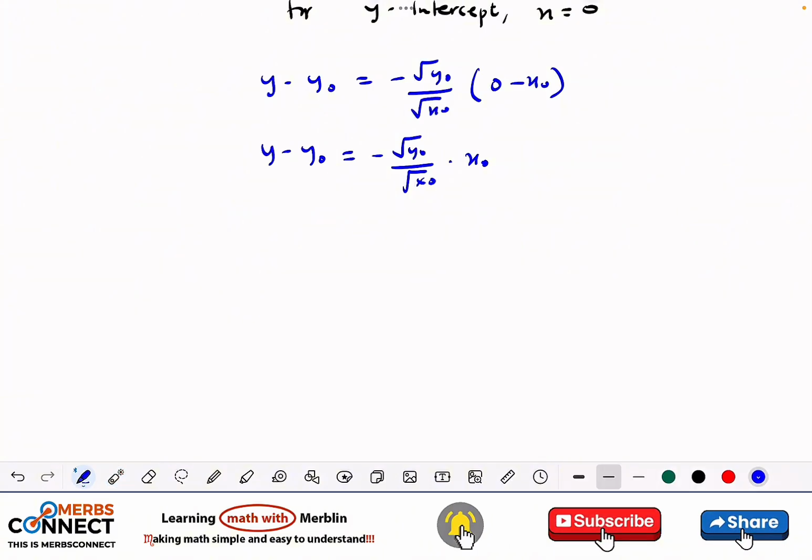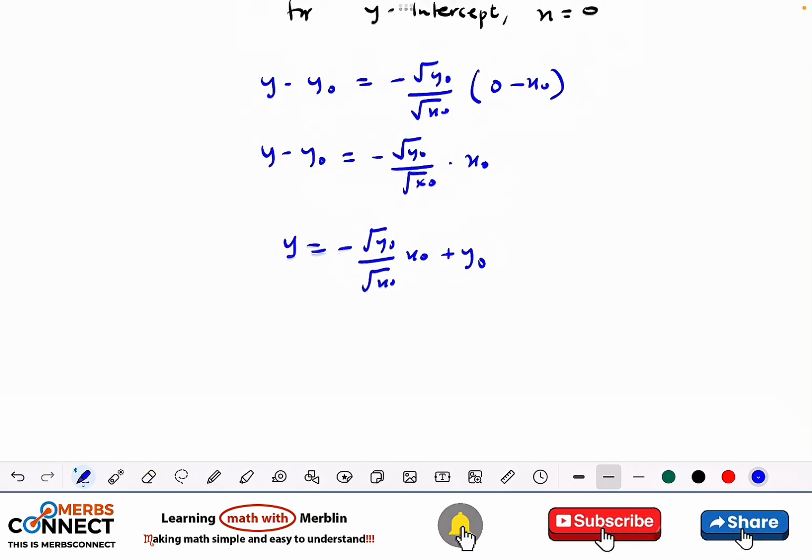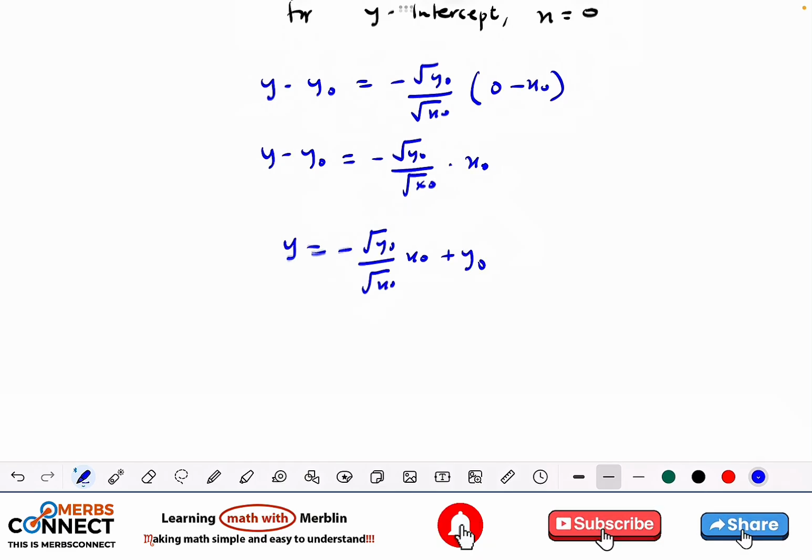So y will be equal to minus y naught divided by root of x naught plus y naught. So I think this is rather a good idea. Is that right? Yeah. So basically, let's have something like this here.